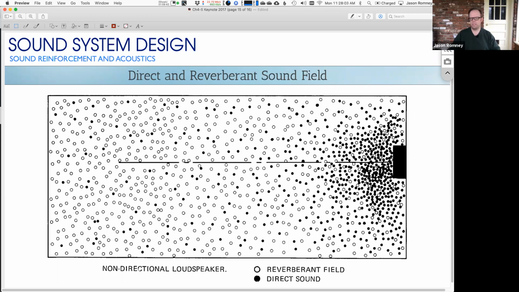So there's this thing called critical distance. Critical distance is the distance away from the loudspeaker or the talker or whatever that's making the sound, the distance you get away from that before the reverberant sound is the same level as the direct sound. So how far away from this loudspeaker do I go before I have the same number of solid dots as I have hollow dots?